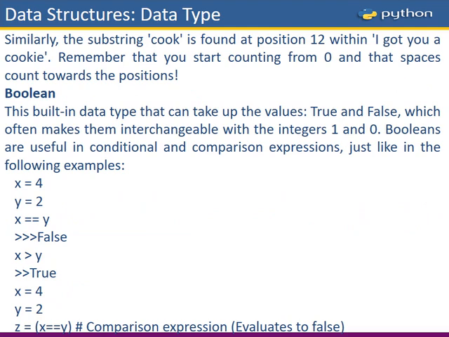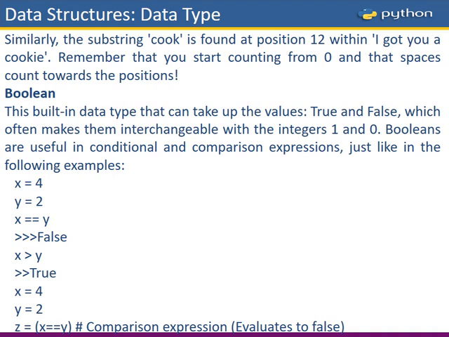So the substring cook is found at position 12 within 'I got you a cookies'. We must remember that we start counting from 0, and that spaces count towards the position.